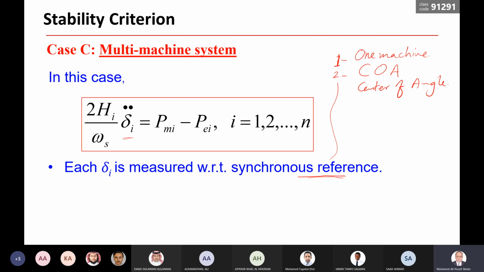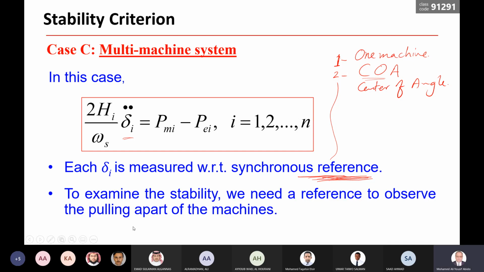You have to have a reference anyway. This reference could be either one machine, whose angle you consider as 0, or you define the center of angle, as we will define now.